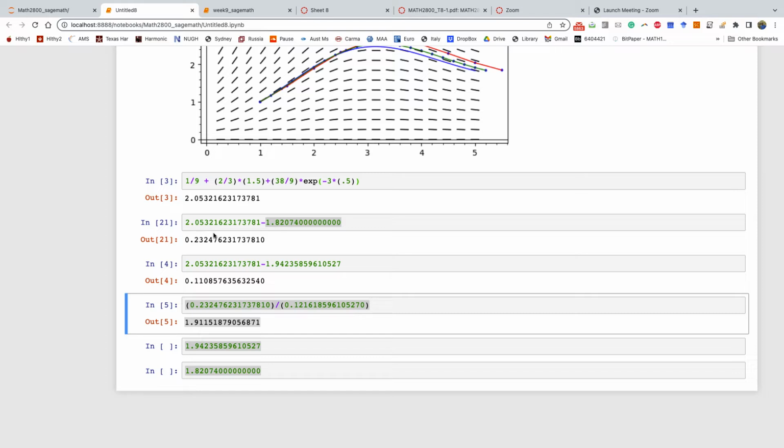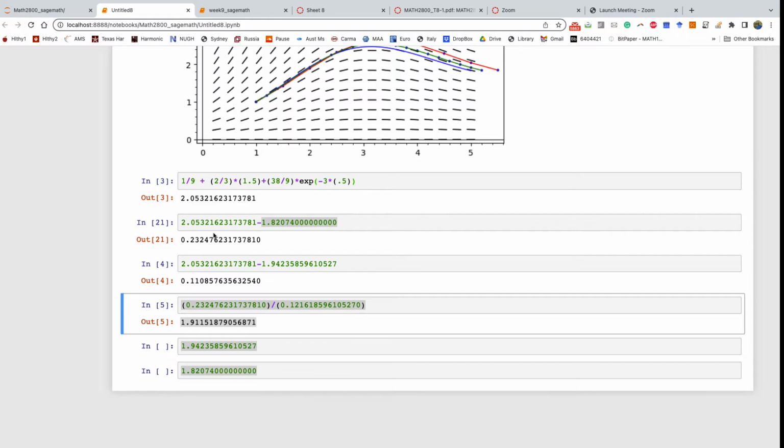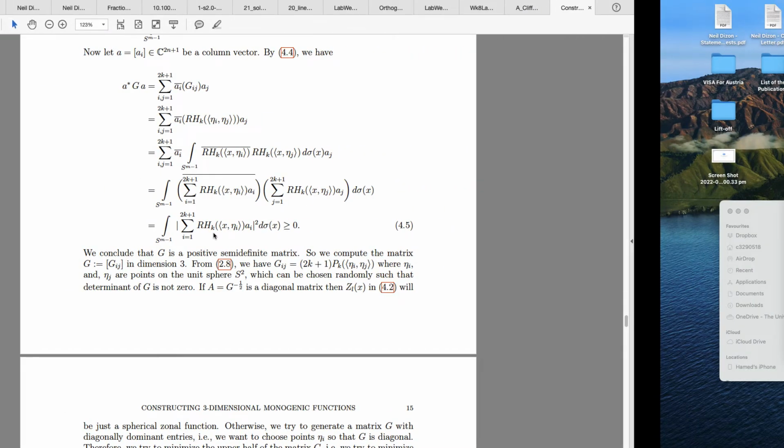0.1108. Okay, now what we want to do is this one here. Let's go back here.